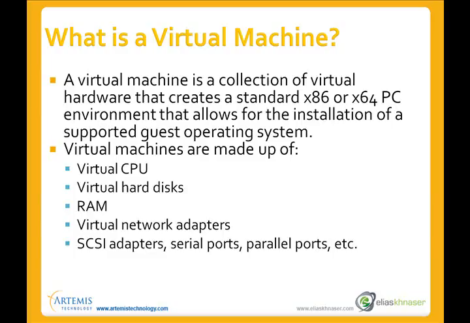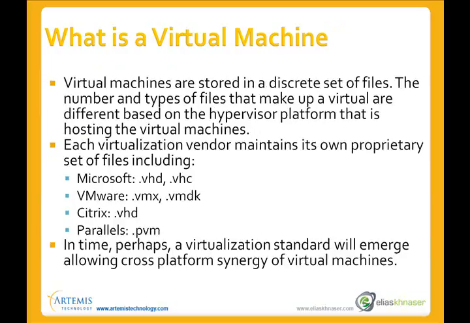It presents it with the correct environment that has all the necessary components that the operating system needs in order to install successfully. This will include a virtual CPU, a virtual hard disk, RAM, network adapter cards, SCSI adapter cards, etc. Now, the cool thing about a virtual machine is that it's made up of a collection of files. It's like having a file server with different files. That's your VM, that's your server as files.